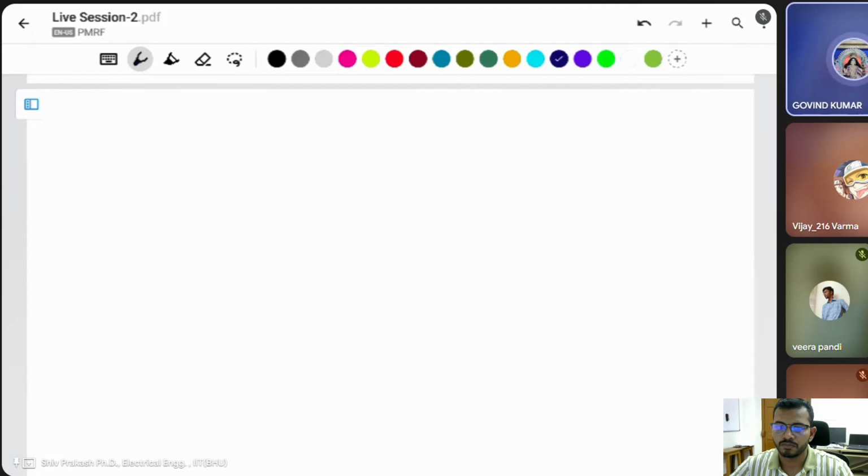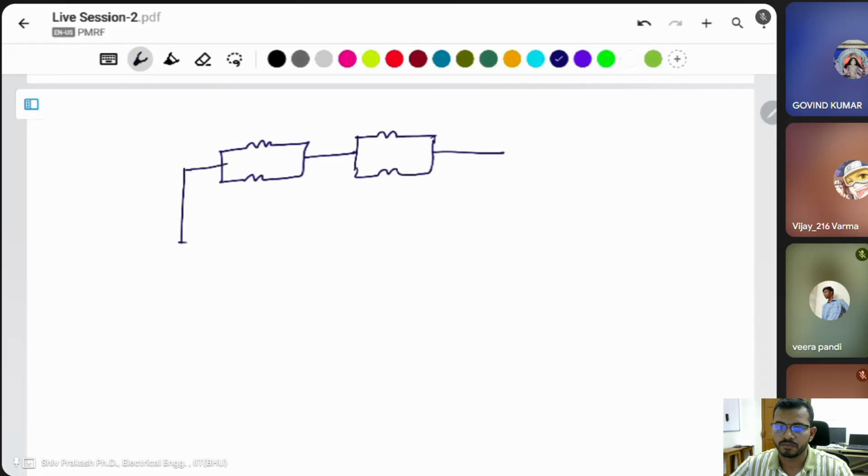Then the same phenomena you can apply, like the current divider rule. Okay, can you draw the same circuit for finding the current? This is the final voltage. Find this current, suppose I1, find this current, I2, and this current, I3; the same current is flowing as I1 because this is the same.